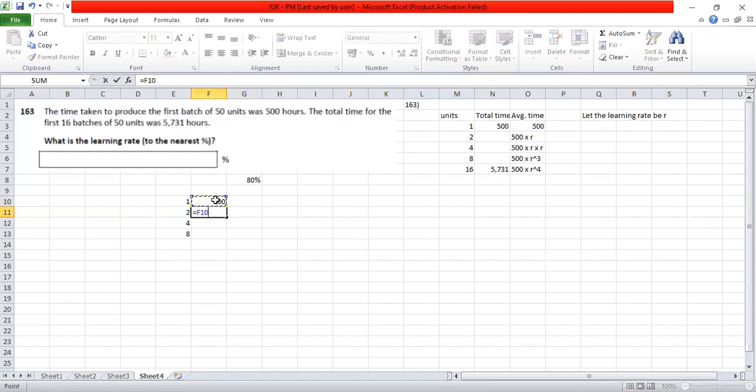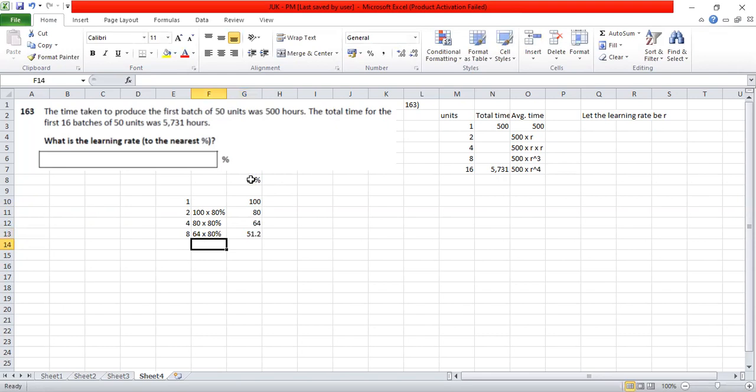So here it will be 100 into 80%, next 80 into 80%, then 64 into 80%. Then it goes on like that.